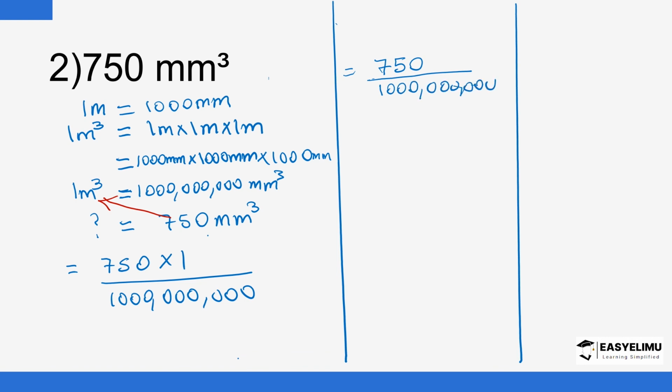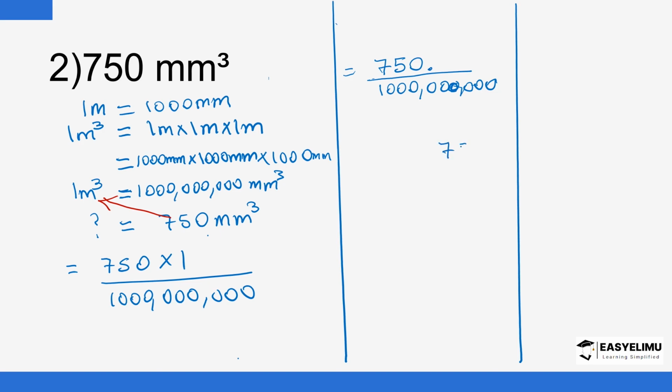Again, this is where the decimal point is. When you are dividing by these powers of 10, like 10, 100, 1,000, and so on, you normally shift the decimal point to the left a number of places equivalent to the number of zeros. How many zeros do we have? 9. So you have to move the decimal point 9 steps to the left.